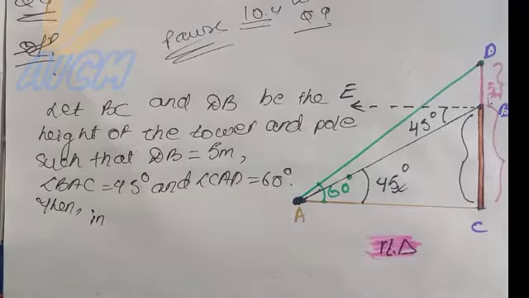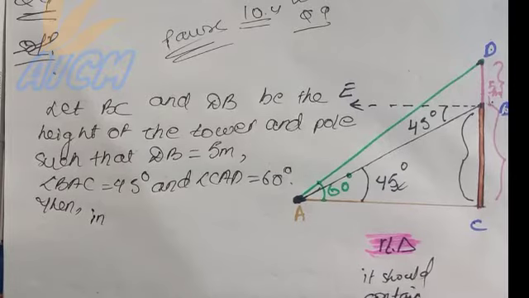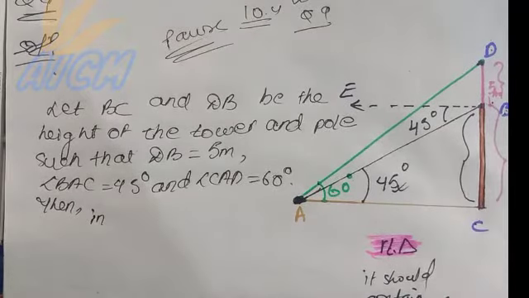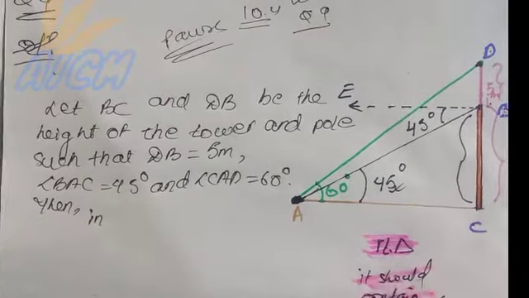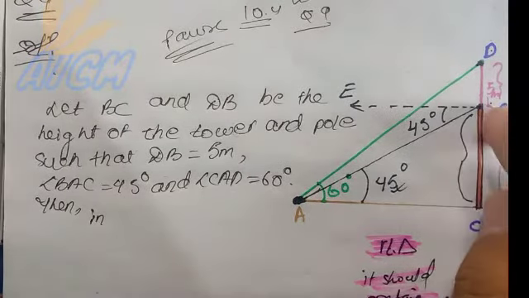But when we are taking the right triangle, we should always keep one thing in consideration, that it should contain the required height we are going to find. We are going to find BC.